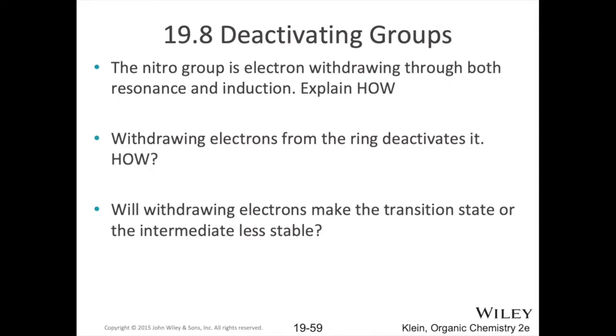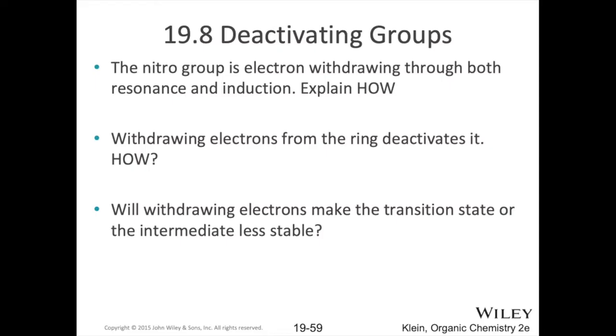So the way this influences our transition states is a little bit backwards from activating groups. Instead of making certain transition states more stable and therefore lowering the potential energy, what's going to happen here is that our transition states are actually going to increase in energy.